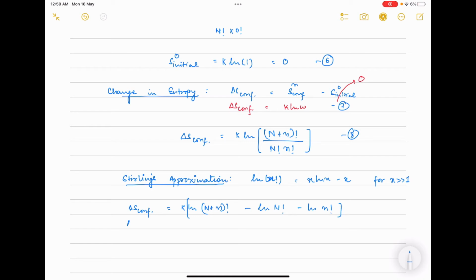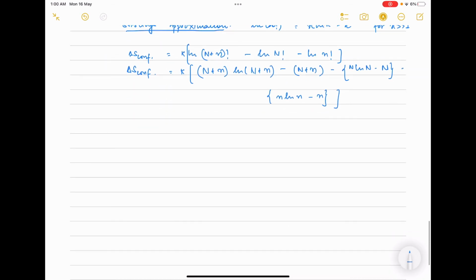Then applying Stirling's approximation, this becomes k times (N plus n) ln (N plus n) minus (N plus n), then minus N ln N minus N, then minus n ln n minus n.